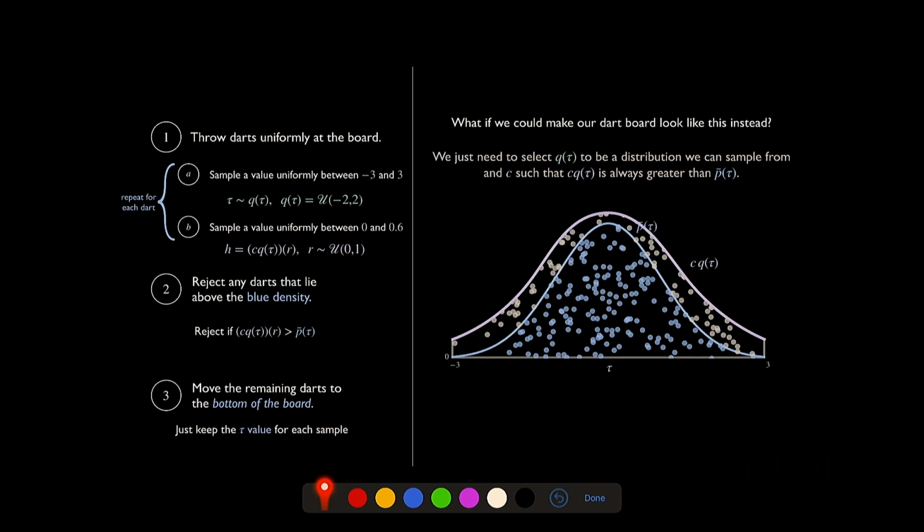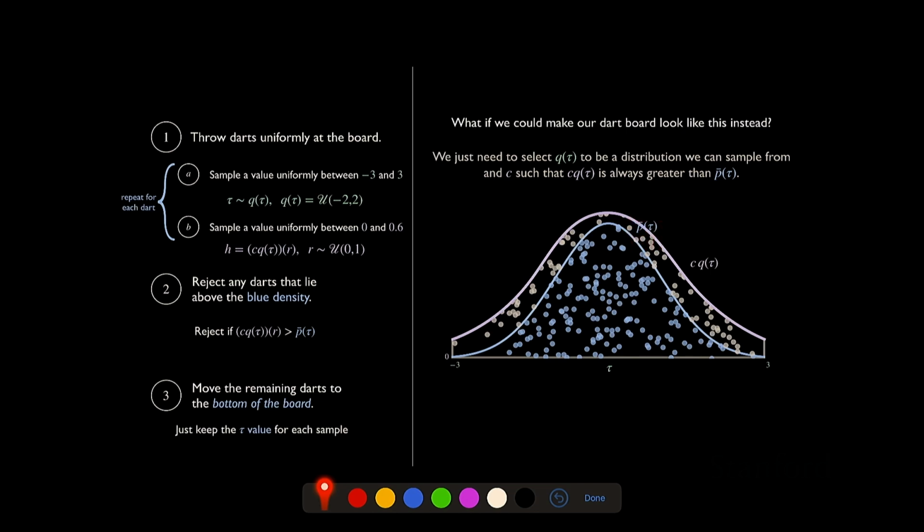I think I have a conceptual gap. We don't know the blue distribution, so we can't directly sample from it, but we can do step 2 where we reject all samples that are greater than the blue distribution. How do we know the blue distribution in that step but not in the first step? Good question. The answer is we only need to know the unnormalized density.